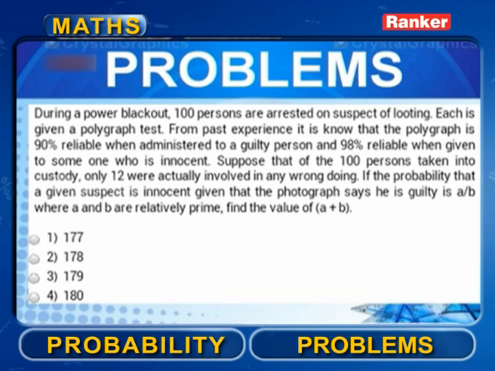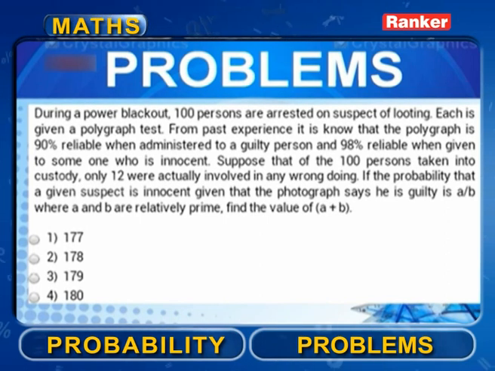That is the data given there. If the probability that a given suspect is innocent, given that the polygraph says he is guilty, is A by B, where A and B are relatively prime numbers, find the value of A plus B.